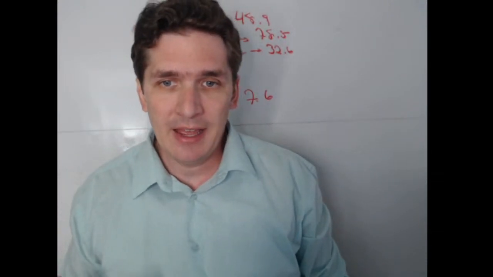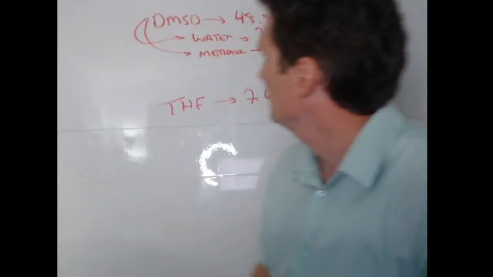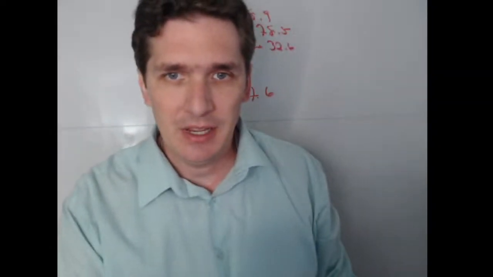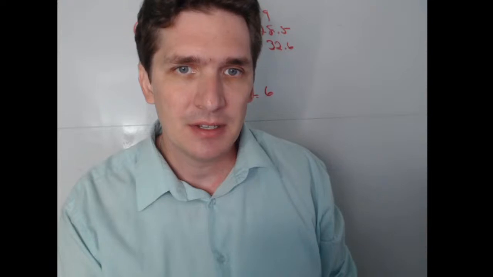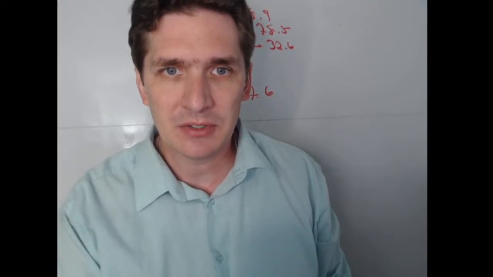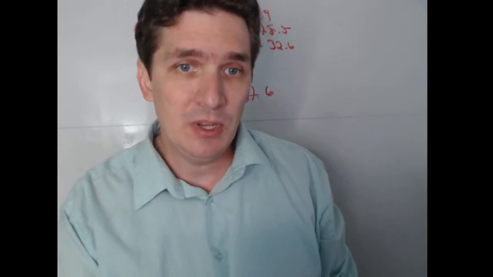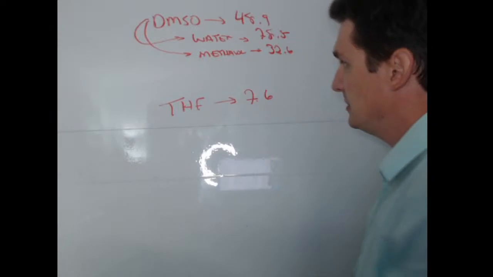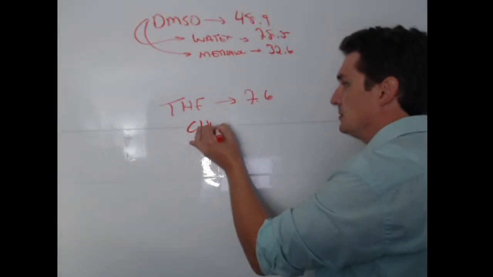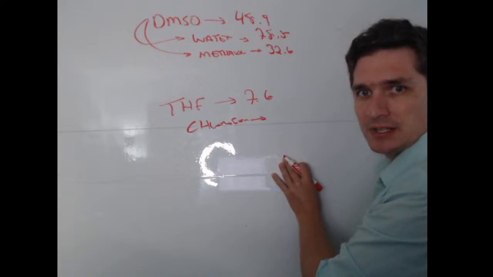Whereas if we look at tetrahydrofuran, it's in the single digits. And I think the dielectric constant for acetic acid is wrong on this table. We look at things that we know are bad at stabilizing charges. Chloroform here sits at 4.3.